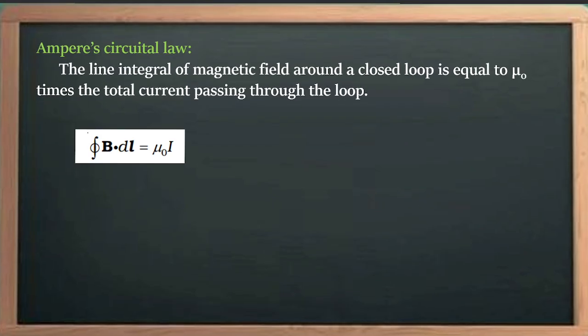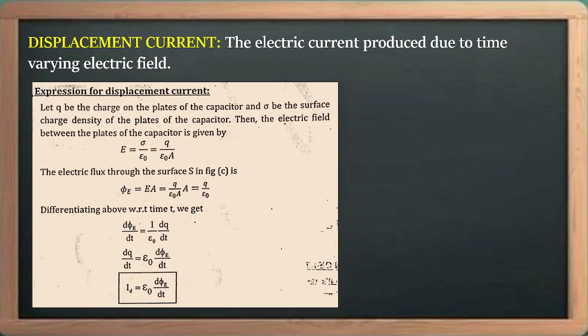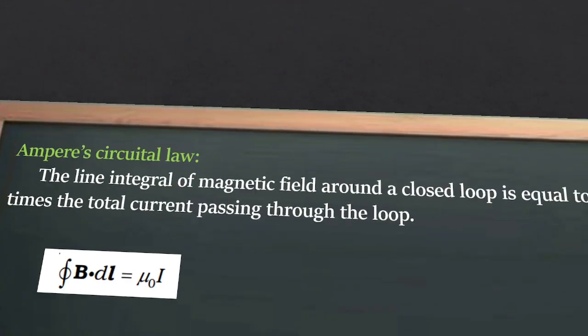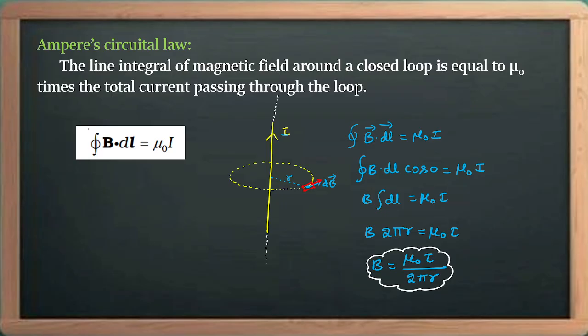Is it clear? Moving on to the next one, we have the displacement current formula. Maxwell pointed out that there is an ambiguity in Ampere's circuital law. He considered that Ampere's circuital law should have not only the conventional current I, we need to consider one more current, that is called displacement current.